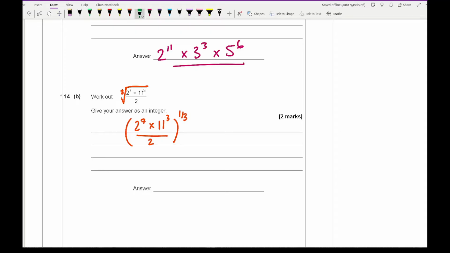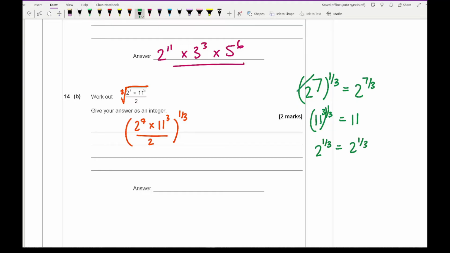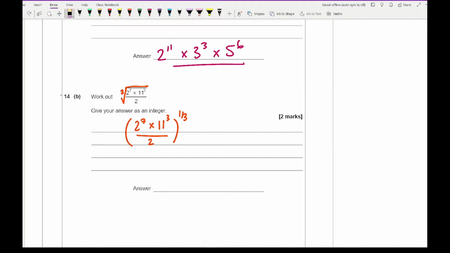So here we're going to have 2 to the power of 7 times a third, which is 2 to the power of 7 over 3. Then we've got 11 cubed to the power of a third, which is just 11. And then we've got 2 to the power of a third. Now from this, what I can do is recognise that the thirds cancel out.